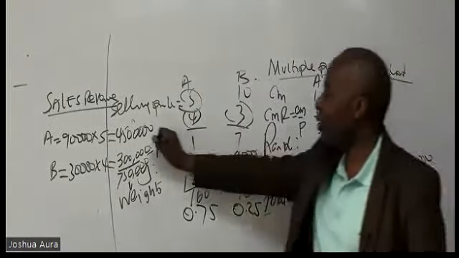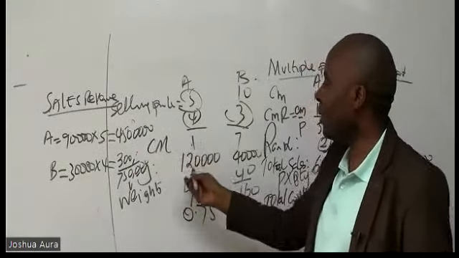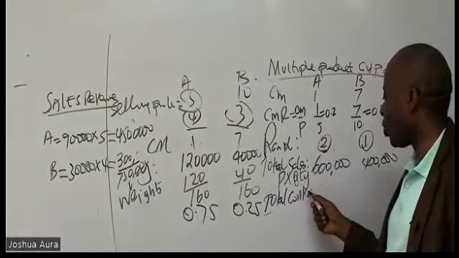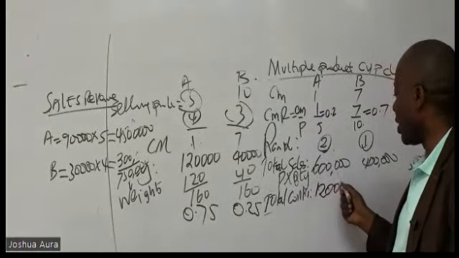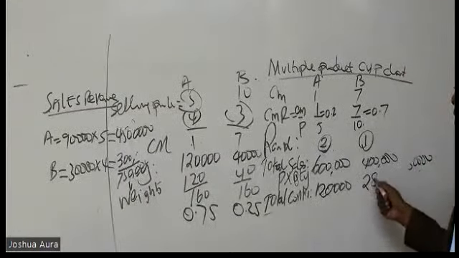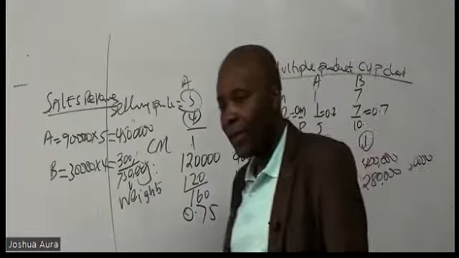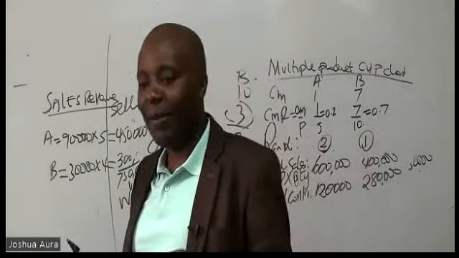I know where my contribution margin is. This is what we had obtained. So it will be this times this. So the first one, I'm able to see total contribution of 120,000. The second will be 200, what here, somebody? 280,000, like that.